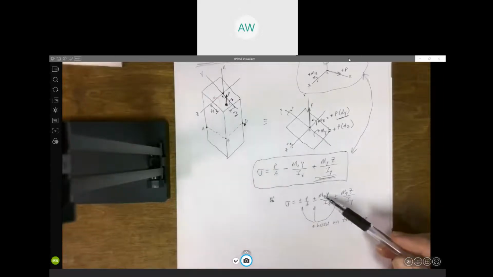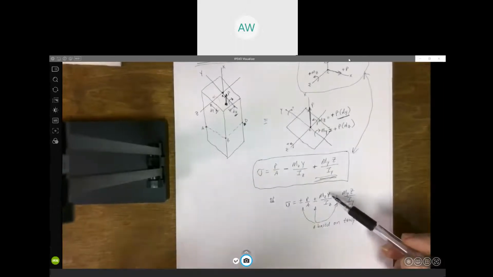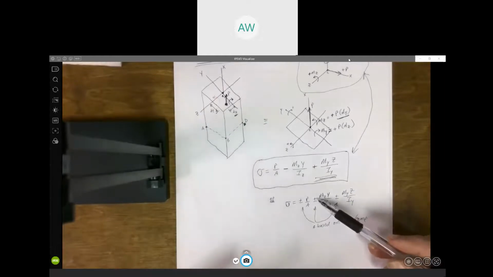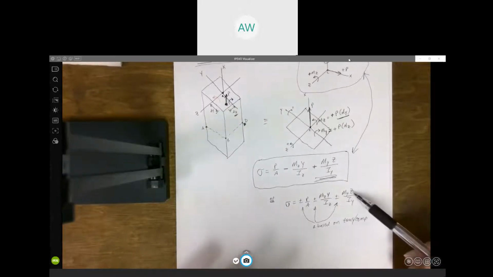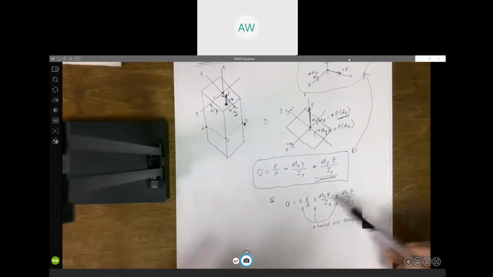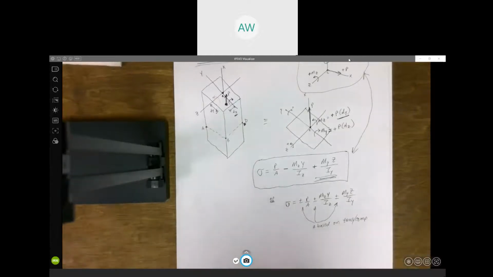This moment about the z-axis, is it causing tension or compression at the point where you're calculating the stress? If it's causing tension, you put a plus there. If it's causing compression, you put a minus. Same thing for the last term. And you just put in magnitudes for the moments and these distances y and z. You don't take into account whether it's in the positive or negative direction.